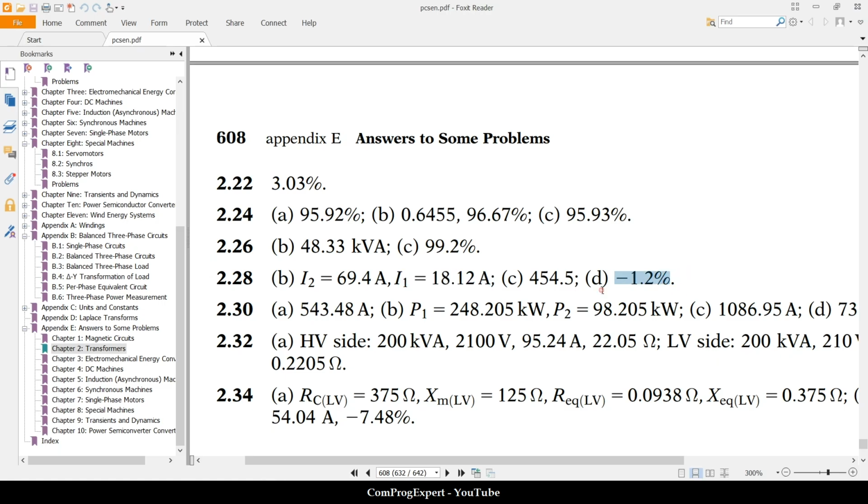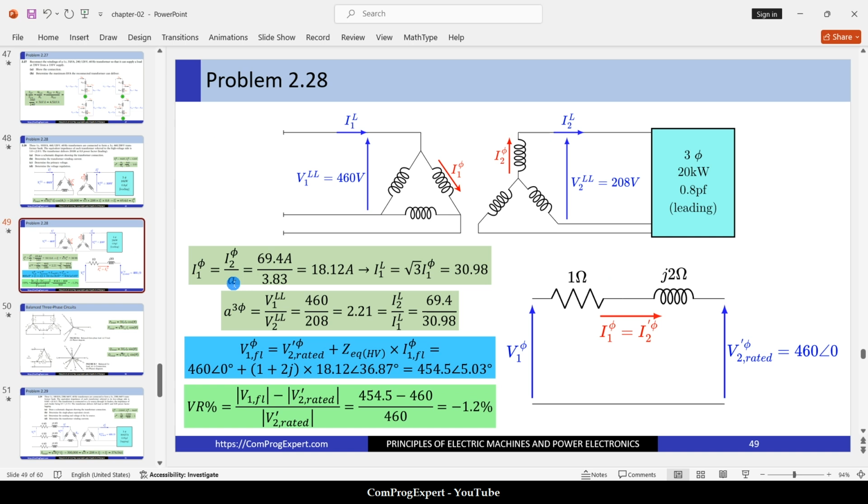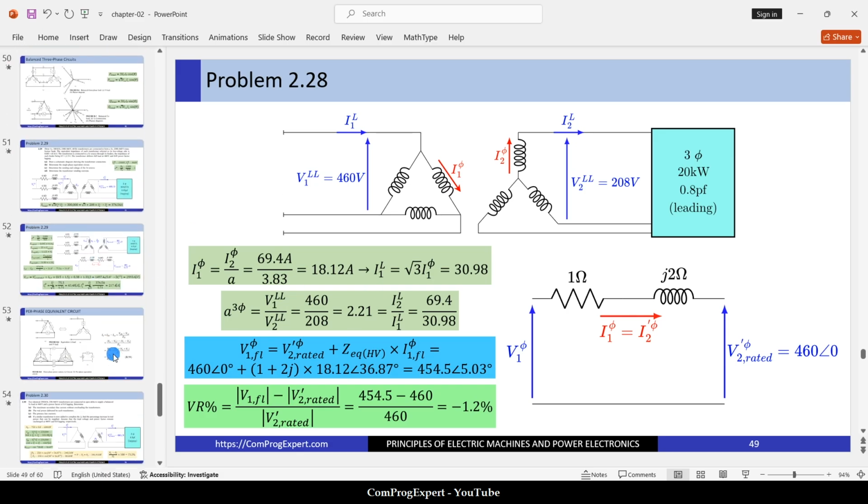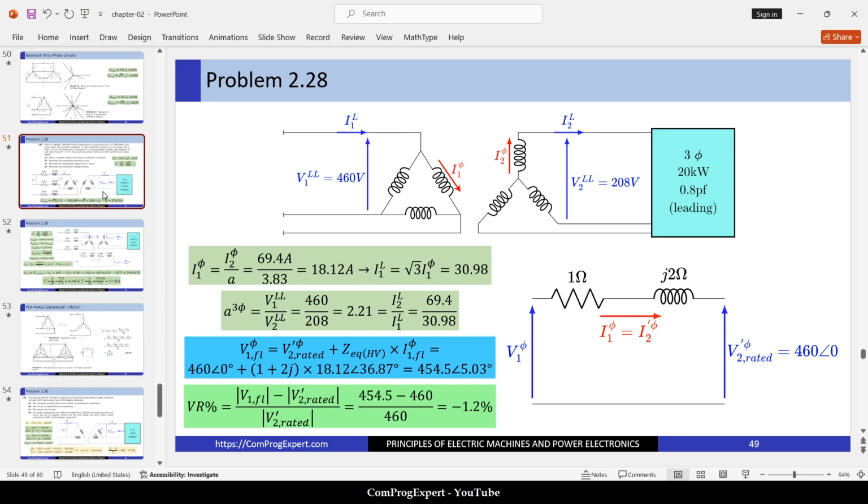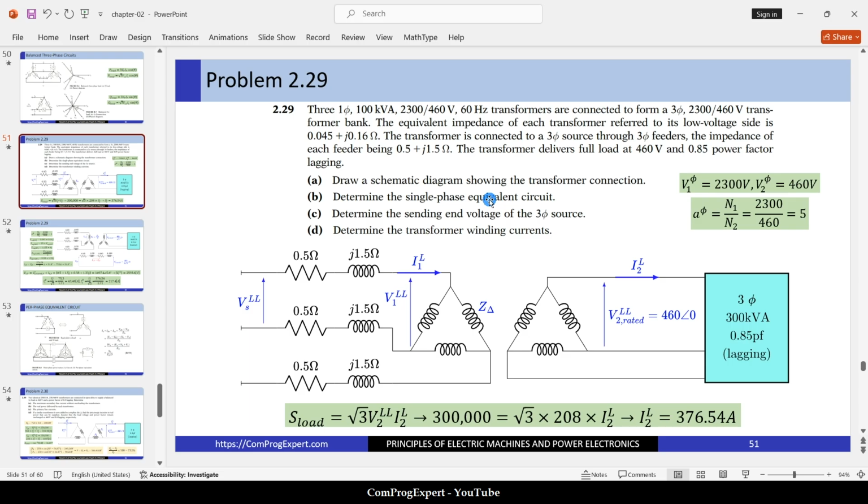This is the amplitude of the voltage for the primary side. Anyway, so you can repeat this problem and redo the calculations. Let's go for the next problem.